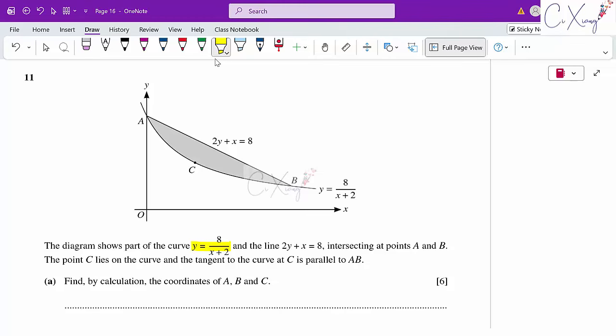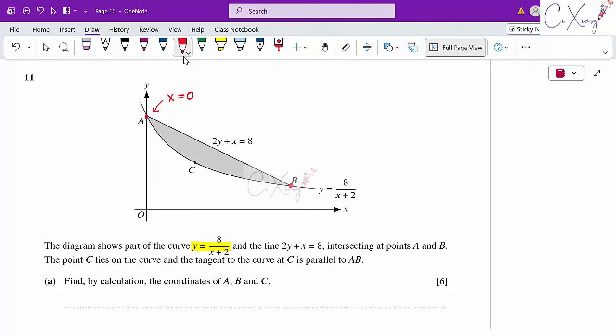How can we find out the point A, B, and C? Maybe we can find out point A and B first. To me, I think it is more straightforward. Right, point A and point B, you can see that A actually lies on the y-axis. When there's any point on the y-axis, then basically you should know that x is equals to 0.